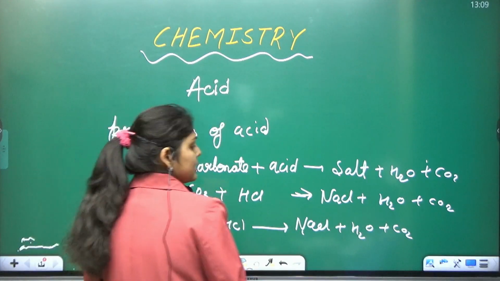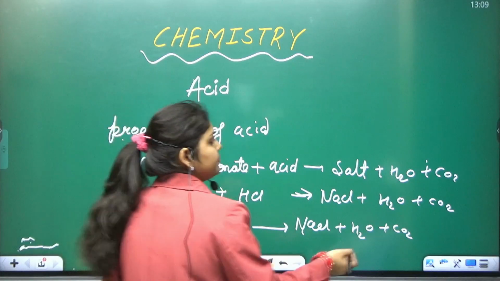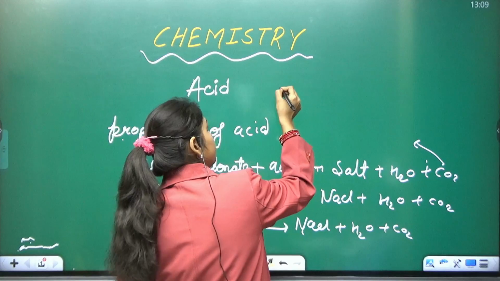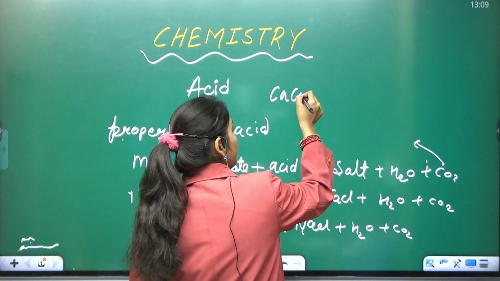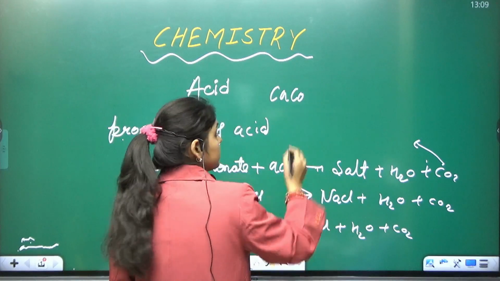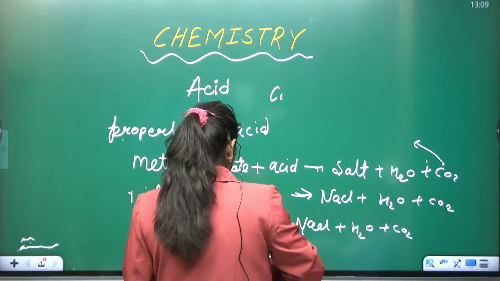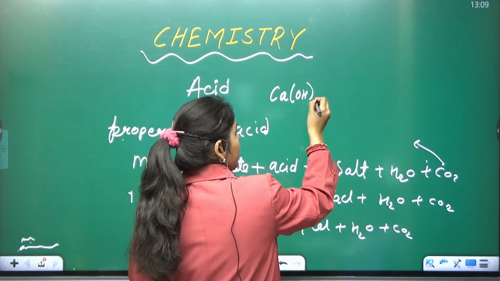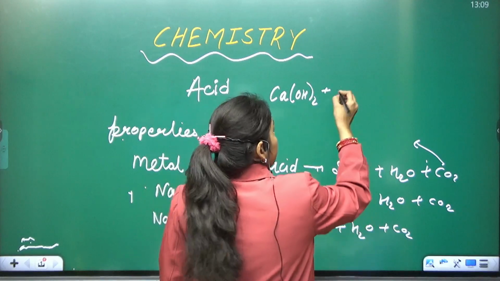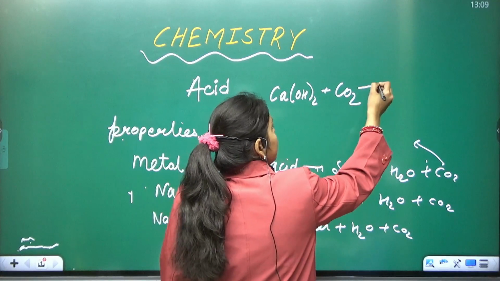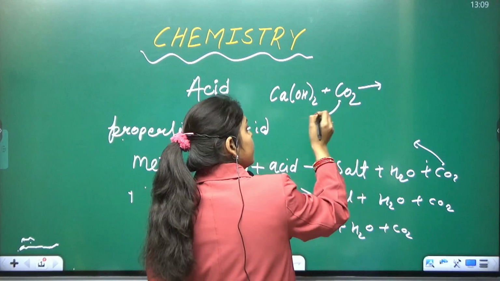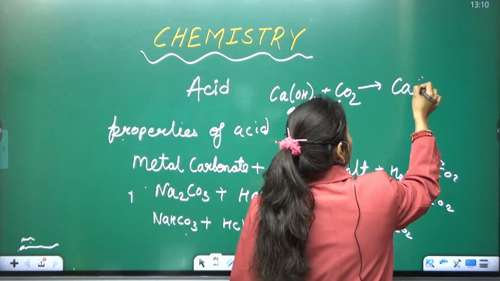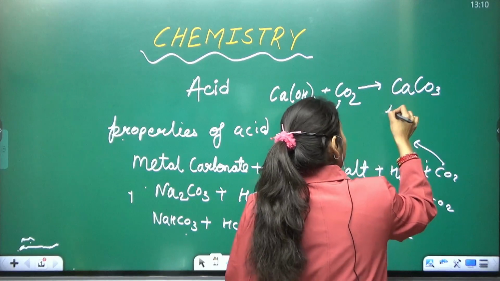How will you test this? When you add lime water to carbon dioxide, carbon dioxide will convert lime water to milky, because it forms calcium carbonate, which is the white precipitate.